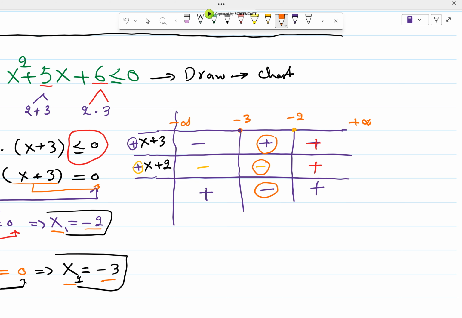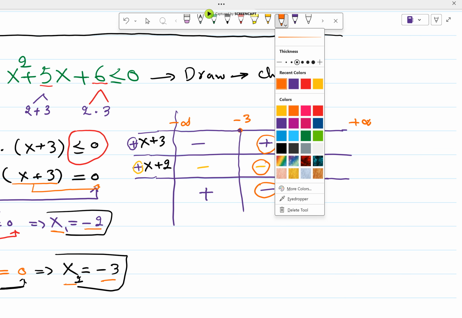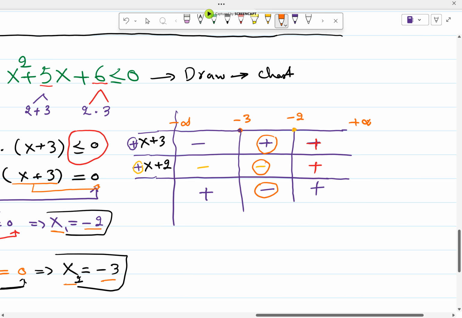My dear friends, now we want to check which of these sections belongs to this equation. The equation tells us this is less than or equal to 0. But from minus infinity up to minus 3 is plus. This is greater than 0.